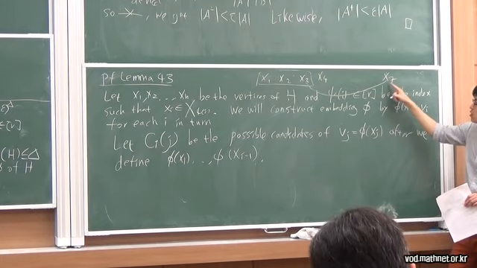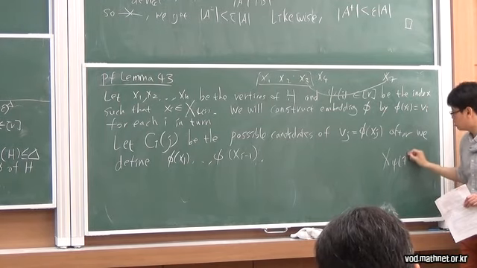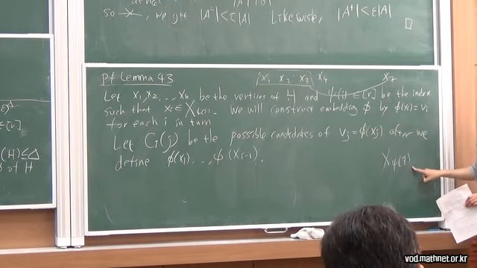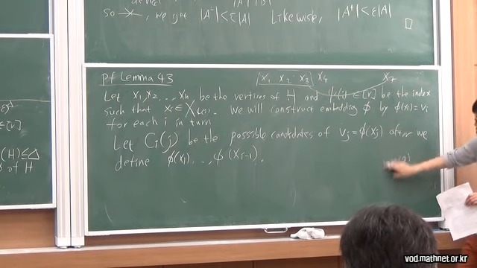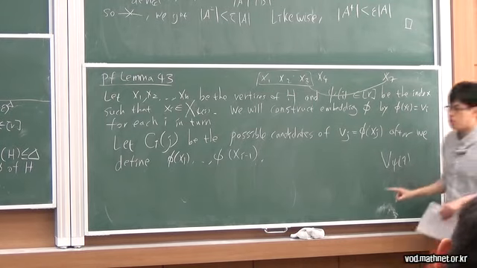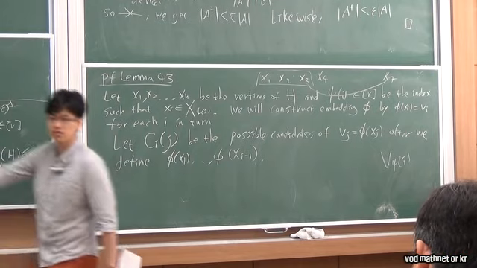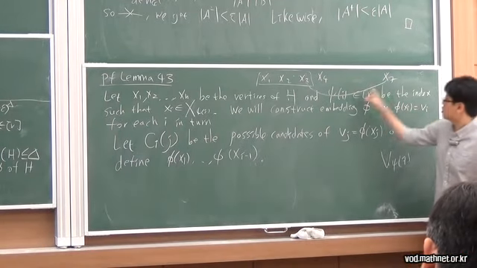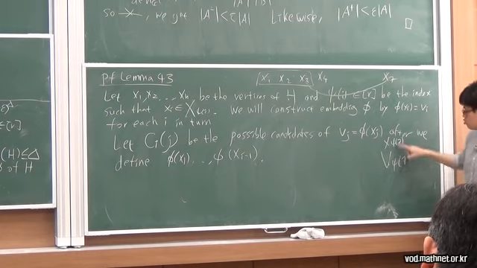To be more precise, we consider this vertex set. Because we want to embed all xi into bi, and x7 goes into B psi 7, it should go into here.